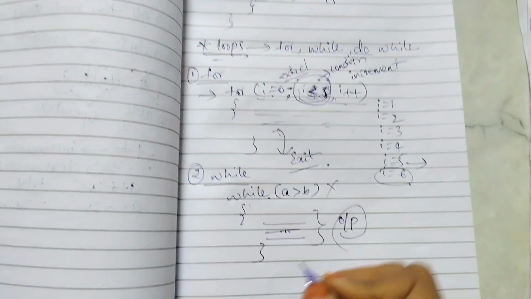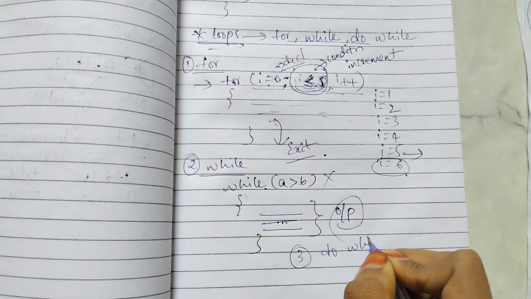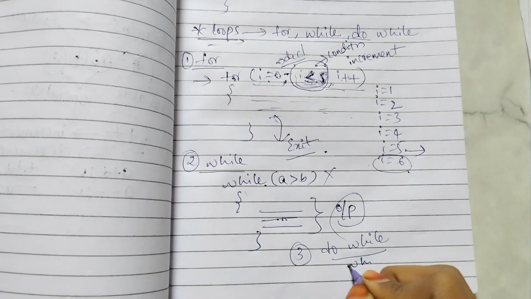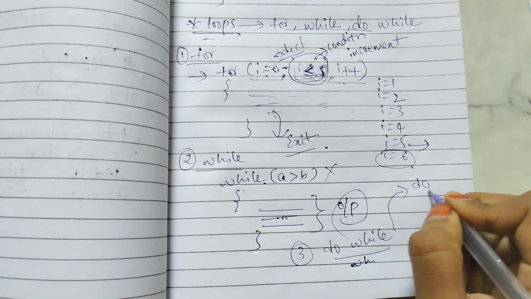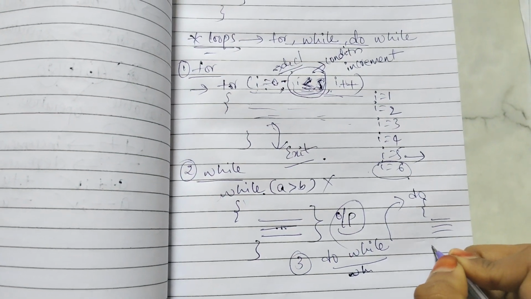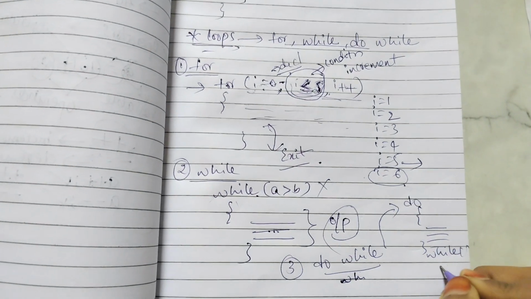In the do while loop, for example, I'll take an example here. Do, I'll have a set of statements. After that, I have while, and inside that, we have the condition.